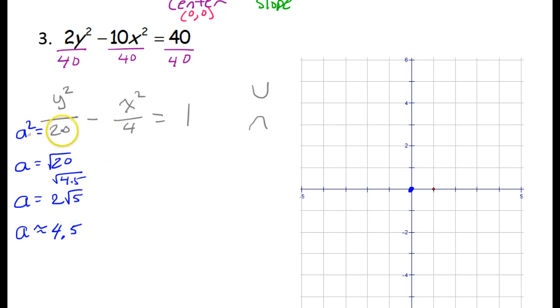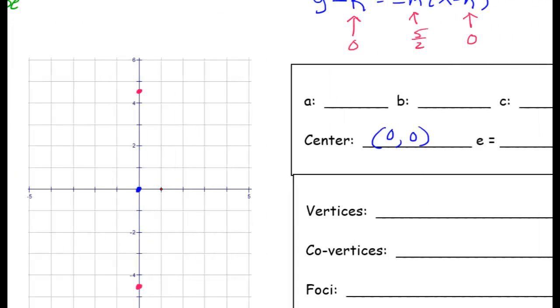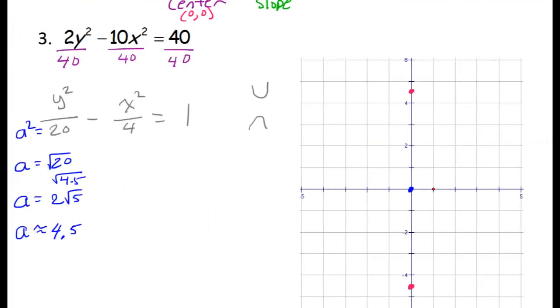So notice that this 20 is the denominator of the y term. So I'm going to do plus and minus 4.5 in the y direction, and that's going to give me the vertices. So if I go up 4.5 and down 4.5, these are the vertices. Now be careful, when I write these down for my final answer, I cannot use this decimal approximation.